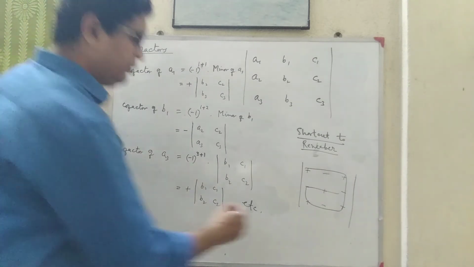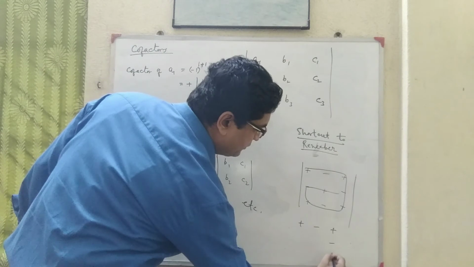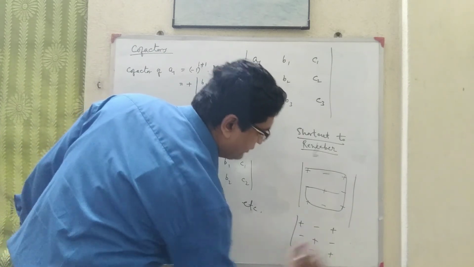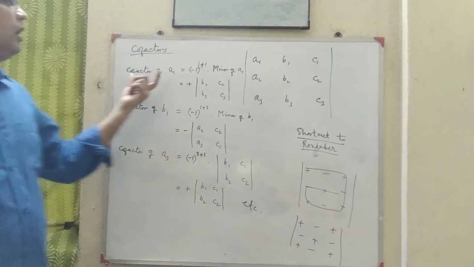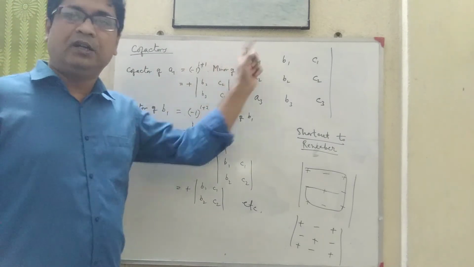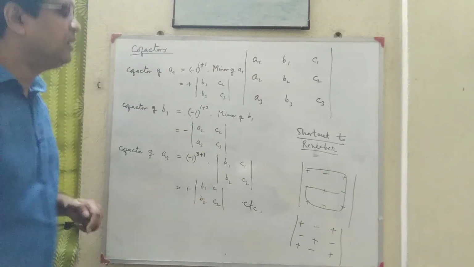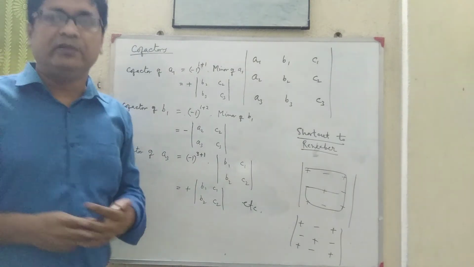So you will remember it like this: plus, minus, plus, minus, plus, minus. This you have to remember as a shortcut for the cofactors of each element of a third order determinant. Okay, so this is the concept of minors and cofactors.